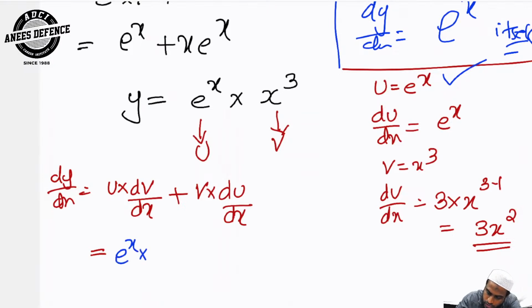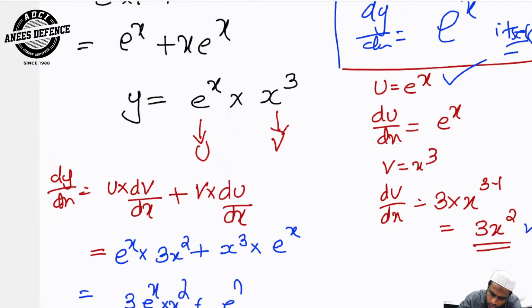What is dv by dx? 3x square. Plus what is v? x cube. What is du by dx? e raised to x. So you are getting the final answer: e raised to x into 3x square plus e raised to x into x cube. This is the answer. This is known as the product rule.